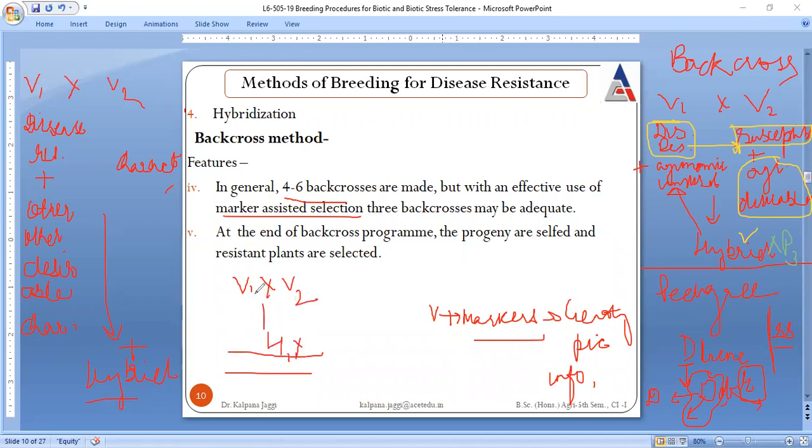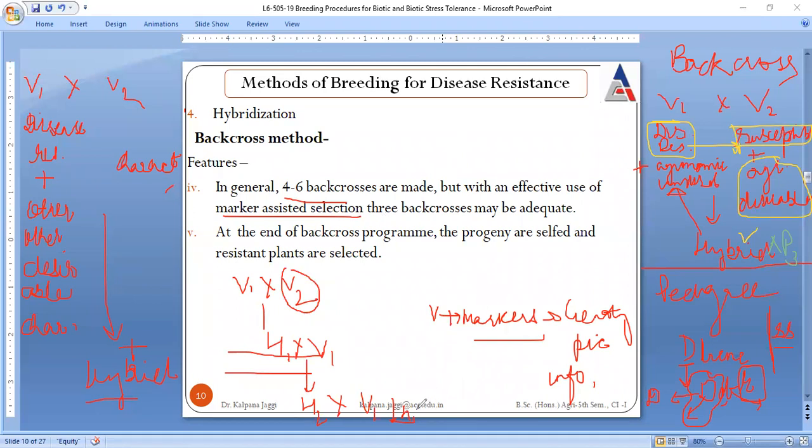This will be again crossed with the parent that is giving the resistant characters, and hybrid 2 will be produced. This in turn will again be backcrossed with the same parent, then hybrid 3 is produced. Such 4 crosses are sufficient to replace the susceptible gene with the resistant one.